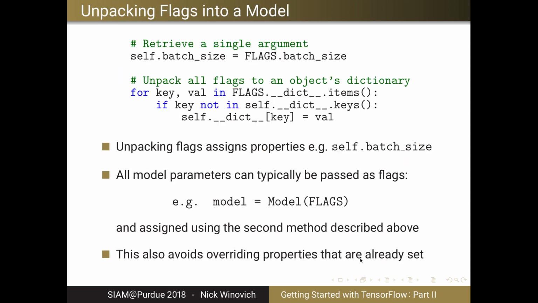You can also unpack the flags, which is typically convenient. So in the previous slides, I said I want to create an instance of a model, and I don't want to pass it every option one by one. I'll just pass flags, all caps FLAGS. So what I can do, instead of writing one line for every option, like self.batchSize equals flags.batchSize, is write a small loop going through the keys and values of the internal dictionary of this flags object.